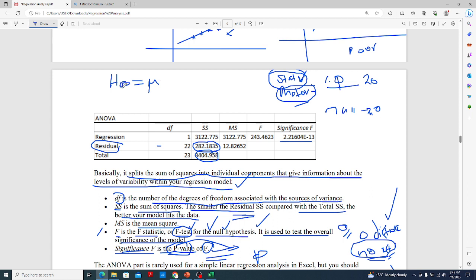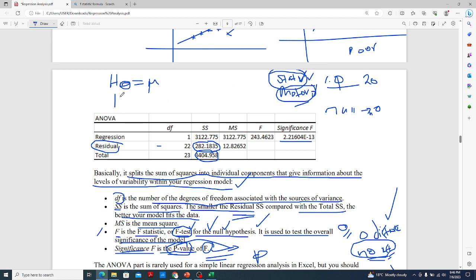Our assumption is that they are all equal, that is, the average IQ for the statisticians and the motorists is equal.